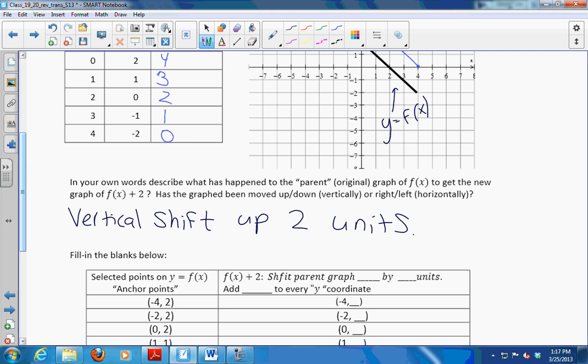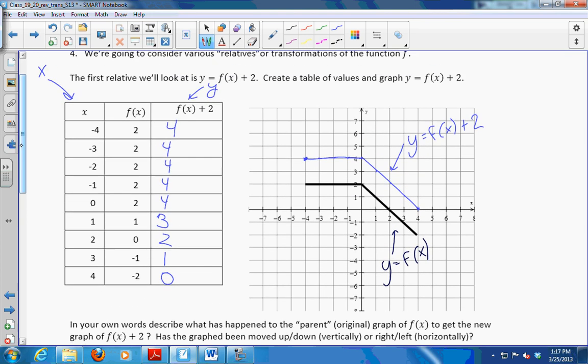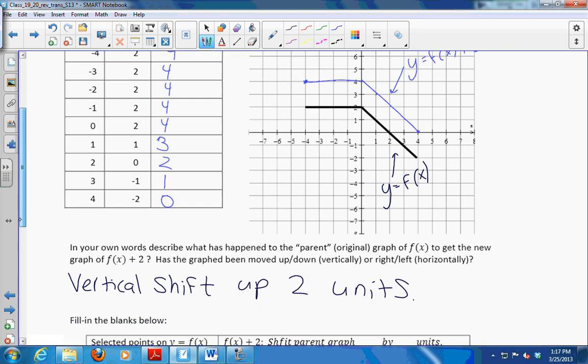When we look at the formula, y equals f of x plus 2, it makes sense that it's going to shift it up 2 units, because this f of x just means y, just a special fancy name for y. So you're saying take the y coordinates and add 2. Add 2 to every y coordinate. It's going to be a vertical shift by 2 units.